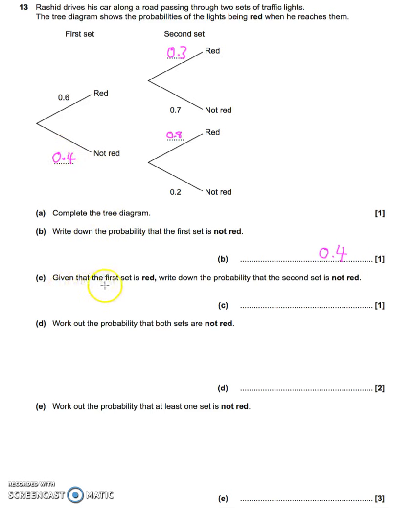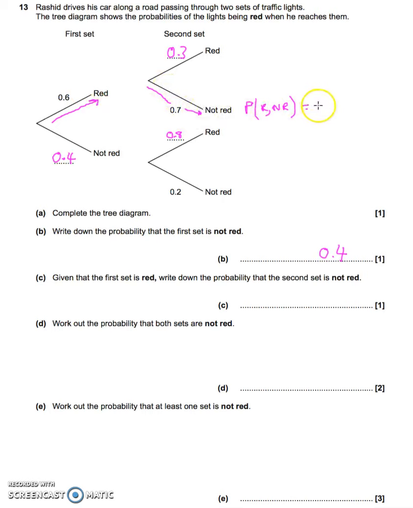C. Given that the first set is red, write down the probability that the second set is not red. So we now have to follow the branches. The first set is red, so I'm going to follow this branch and then go this way to not red. So the probability of red and not red is equal to, and the key to answering these questions is you need to remember you multiply the probabilities together, multiply across the branches.